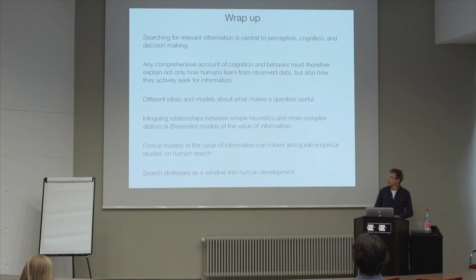Then in the literature, and that literature really spans across psychology, statistics, philosophy of science, machine learning, there's a bunch of different ideas of what makes a question useful, and I think they can also guide empirical studies. So I like to have a formal analysis and formal models, and then design experiments to test these models. And there are some very neat relationships between simple heuristics and these more complex Bayesian models.